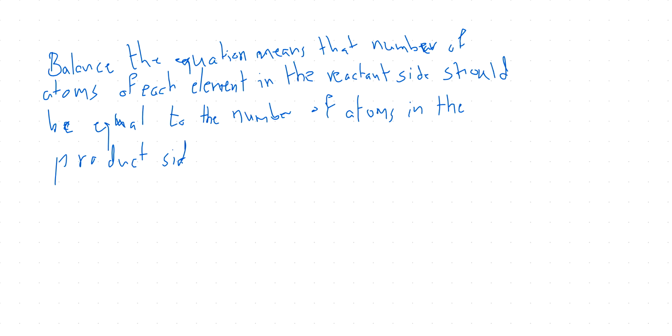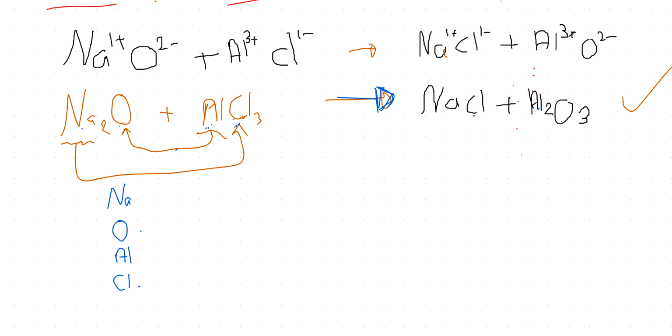We need to understand these definitions, and then we will go here. This is the sodium element in the reaction, and this is the product. We know that the element is sodium, but how many atoms do we have?